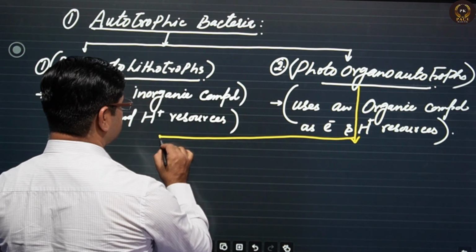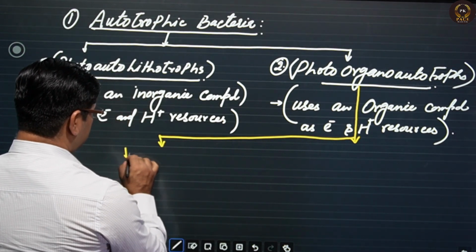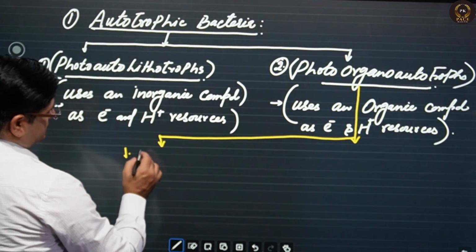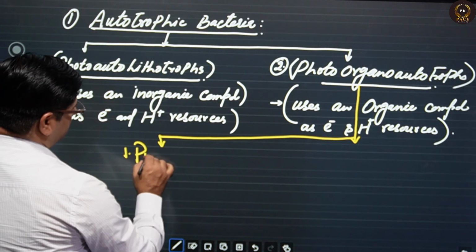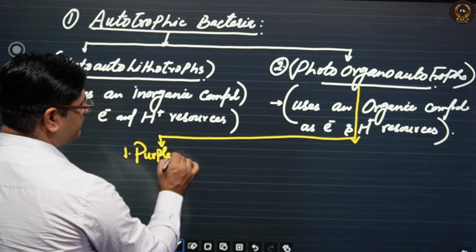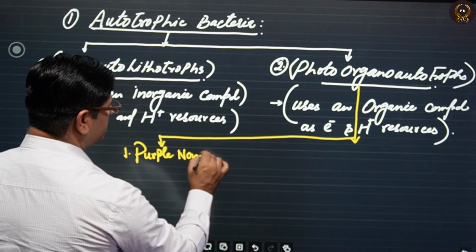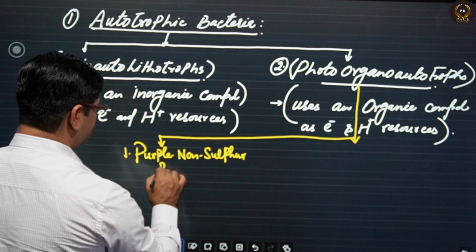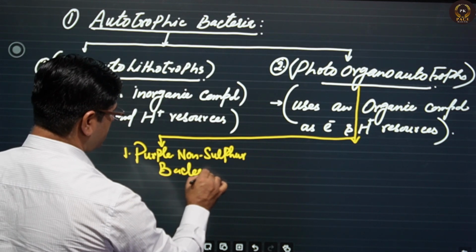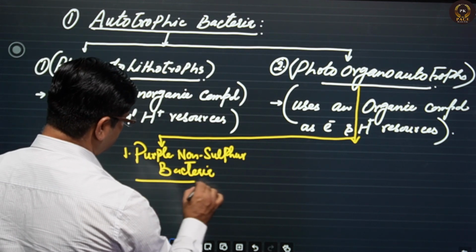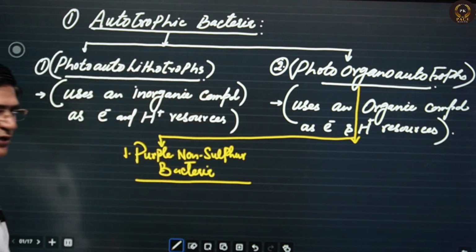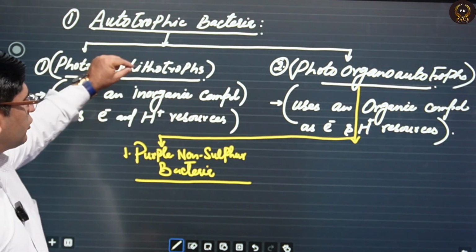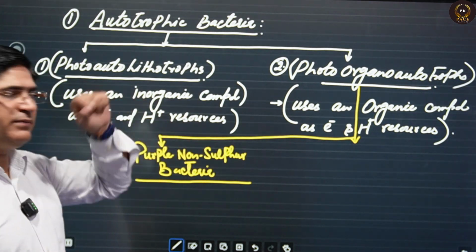One is purple non-sulfur bacteria. Now remember, in the first classification, photolithoautotrophs, there was the purple sulfur bacteria.